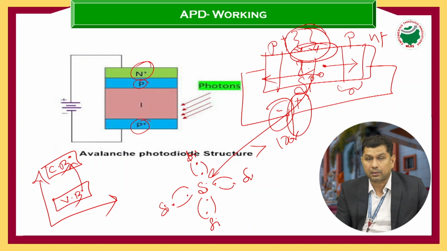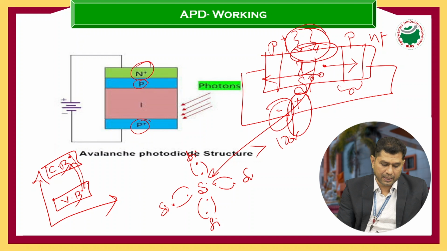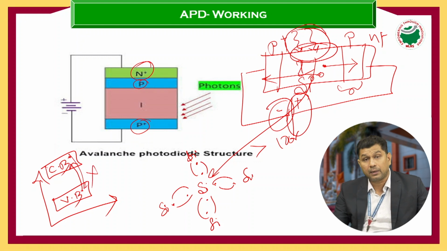Like this, electron-hole pairs are separated before their recombination, because the external electric field, the barrier field, separates them. Positive and negative charges are separated by a certain distance, so current is generated. That current is called photocurrent.